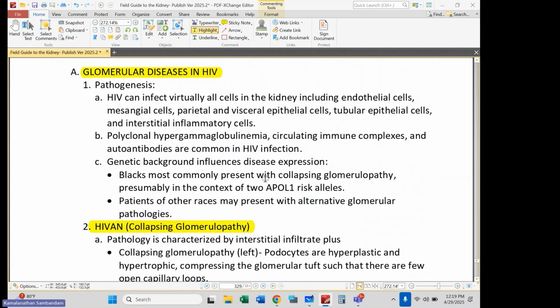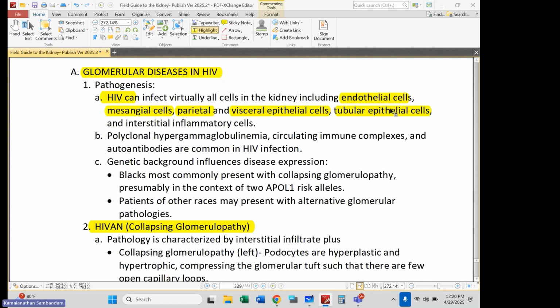First, let's review pathogenesis. One feature that I want you to be aware of in pathogenesis is that HIV is infecting, you can find HIV genome in all components of the nephron, including endothelial cells. You can find HIV genome in the mesangium. You can find it in the parietal epithelial cells, which is the Bowman's capsule, right? Visceral epithelial cells or podocytes.